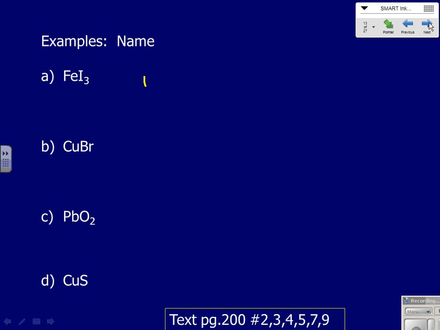So I write down iron, I put brackets, but I don't put anything in it, because that's what I'm going to think about. And it's ionic, so what's the end of this going to be called? Iodide. In other words, I get the stuff out of the way that I already know how to do.